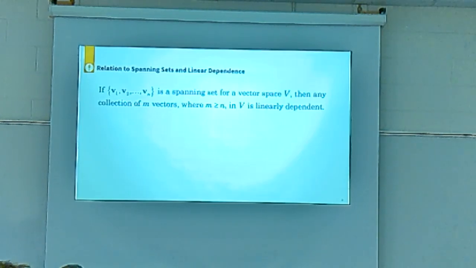So if you already know you have n vectors that span a vector space V, and you add more vectors to that spanning set, it's automatically linearly dependent. Which makes sense, right? Because you're taking a vector from your vector space, which is already a linear combination of those vectors, and putting it in the set. It has to be dependent.